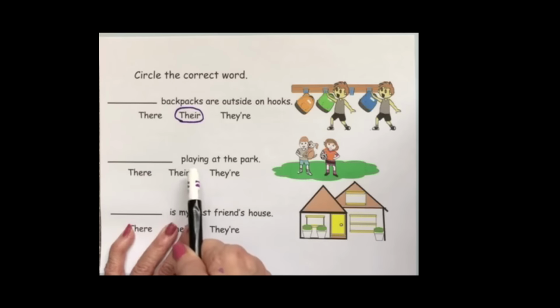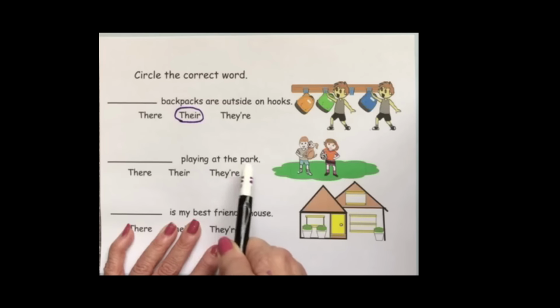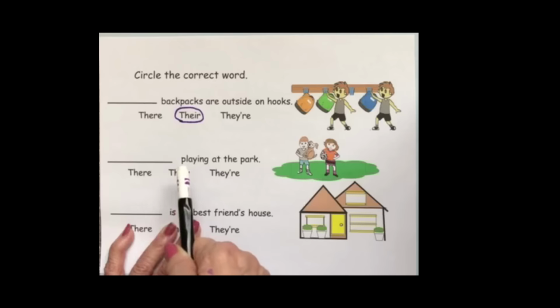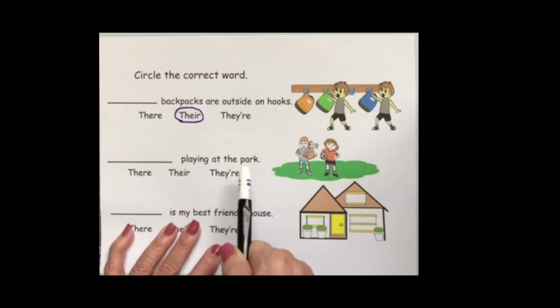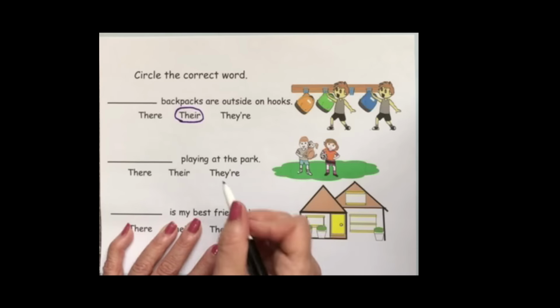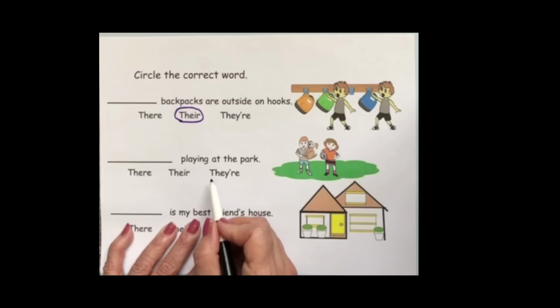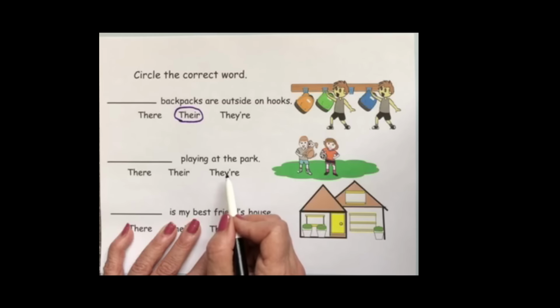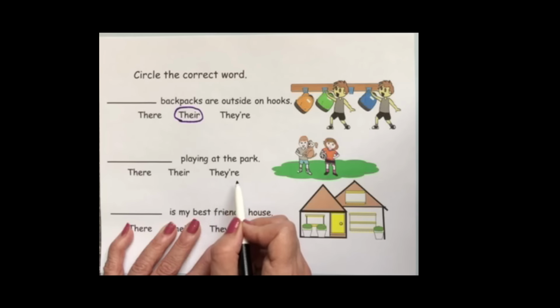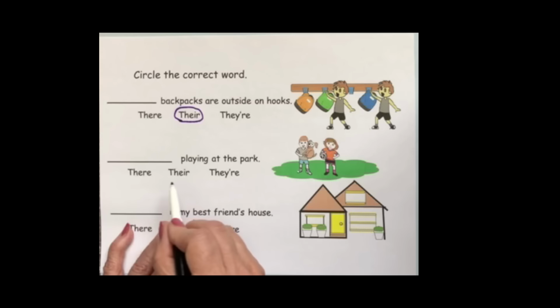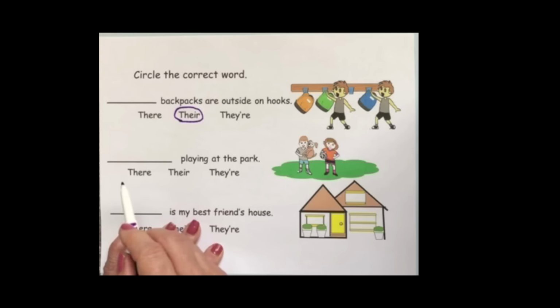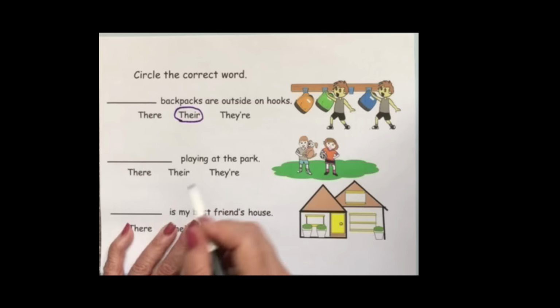Let's go to the next one. They're playing at the park. It can be they are playing at the park. So that is our contraction, capital T-H-E-Y apostrophe R-E. And the reason they're all capitalized is because they do begin at the beginning of a sentence.